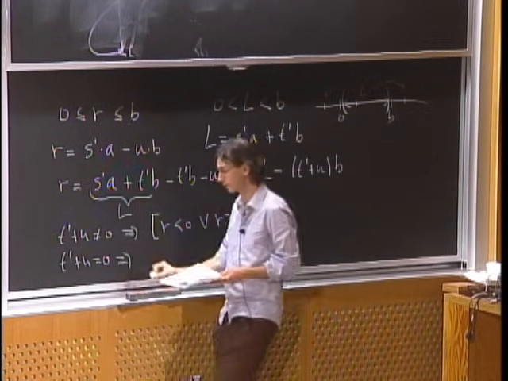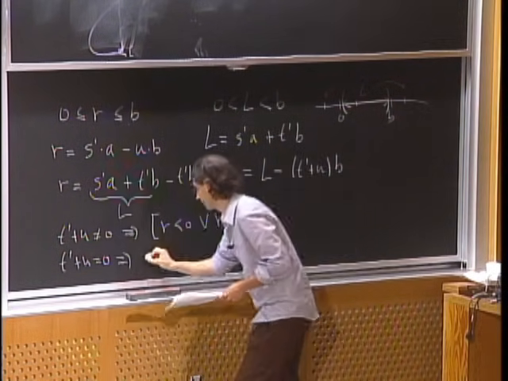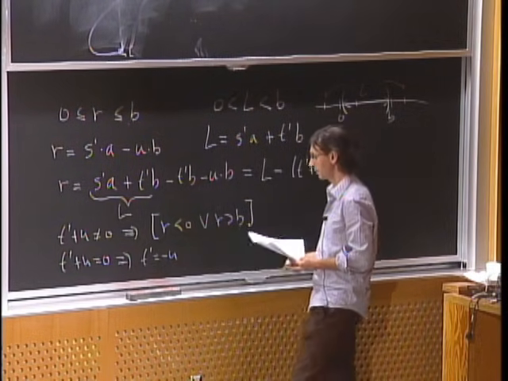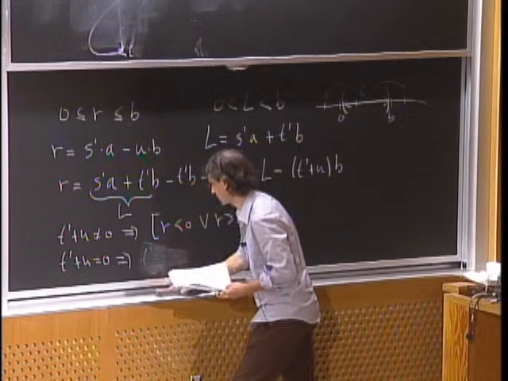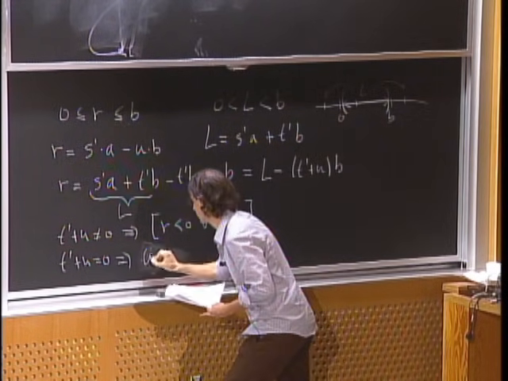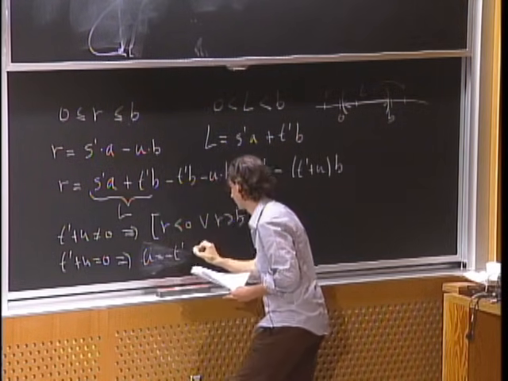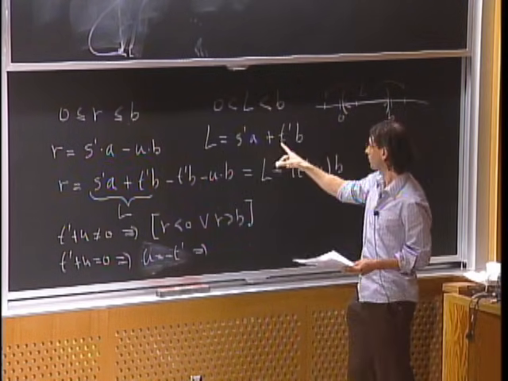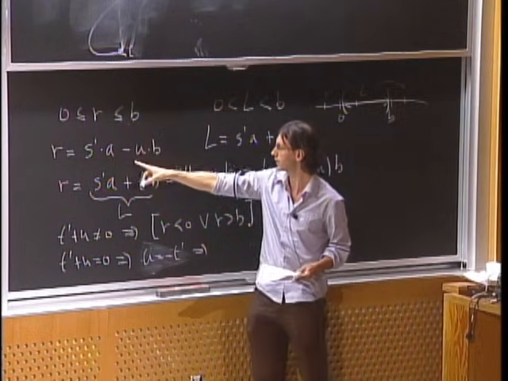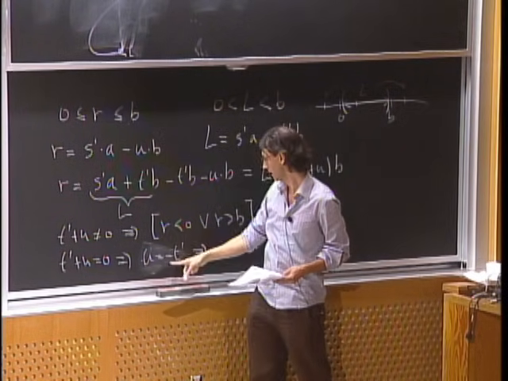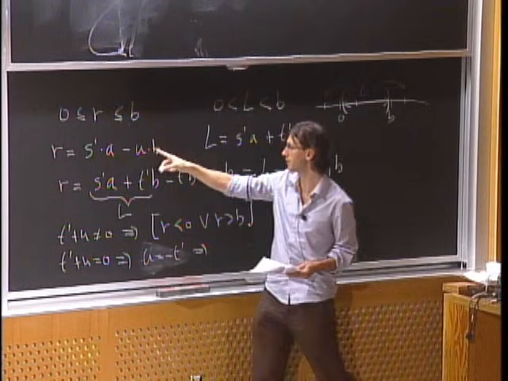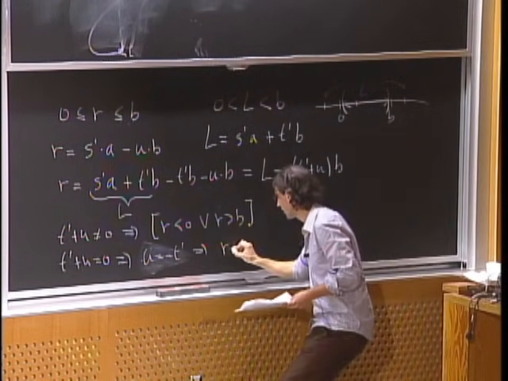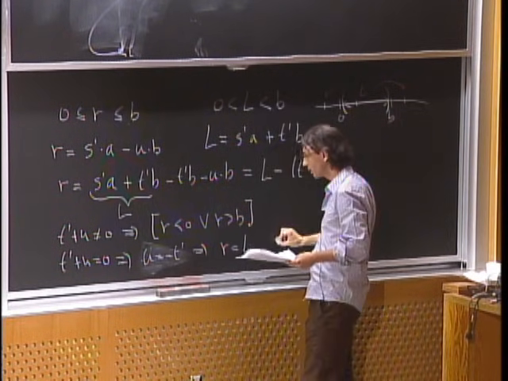Now that implies that T prime equals minus U, or maybe the other way around, because that's easier to see what's happening. So U equals minus T prime. If we plug that in here, well, we get exactly the same expression. You see? Minus T prime is equal to plus T prime, and we get the exact same linear combination. So we conclude that R equals L, and now we're done.